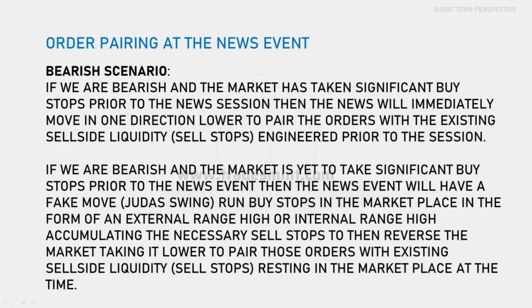If we are bearish and the market is yet to take significant buy stops prior to the news event, then the news event will have a fake move, right? That Judas swing once again to run those buy stops in the marketplace in the form of an external range high or an internal range high, and then accumulating the necessary sell stops to then reverse the market, taking it lower to pair those orders with existing sell side liquidity, those sell stops again, resting in the marketplace at that time.